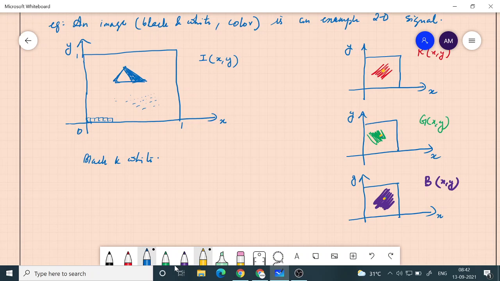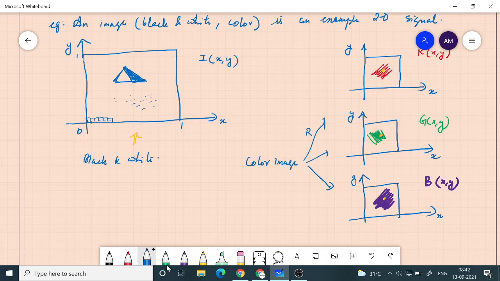So a color signal, so this is black and white, and if I say color signal, color image, it is having 3 components, and each component is a 2-dimensional dependence.